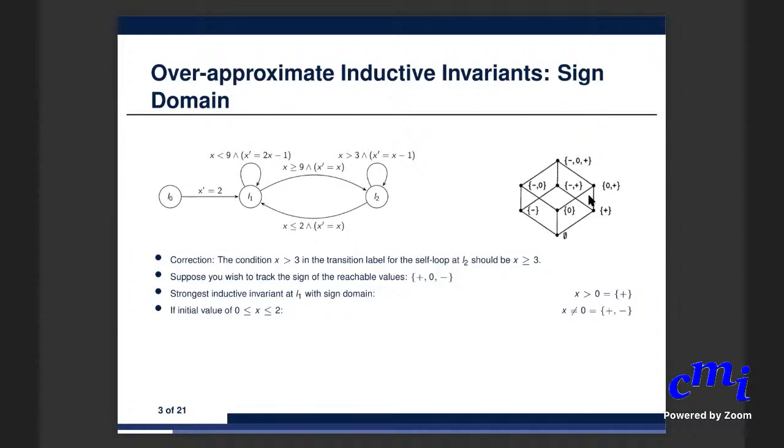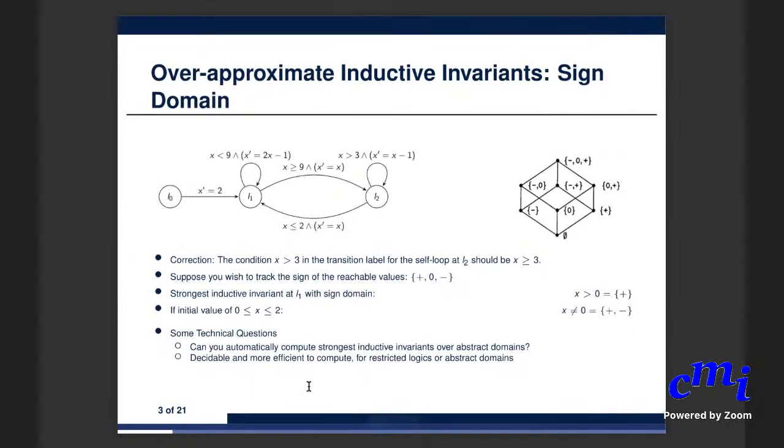So an over-approximation includes the precise values that you take, but something more than that. Once again, the question is, can you automatically compute strongest inductive invariants over such abstract domains?